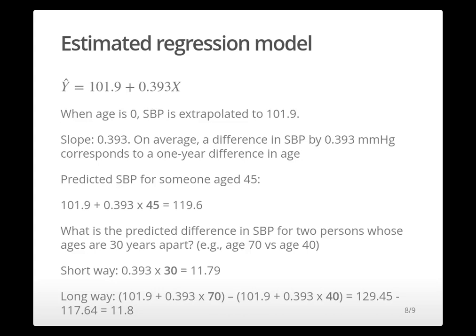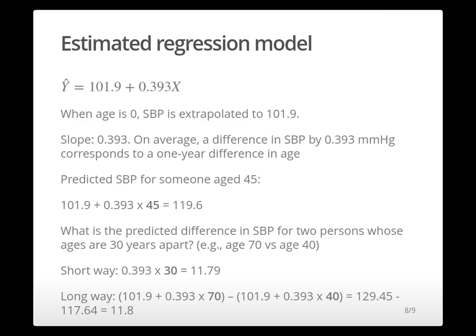But the age pattern of blood pressure under age 18 may be quite different from the pattern for those aged 18 to 80. So, 101.9 is considered to be a hypothetical value of systolic blood pressure at age 0, obtained by extrapolating the straight line fitted to data for age 18 to 80, to age 0.